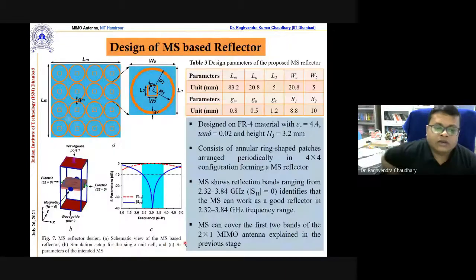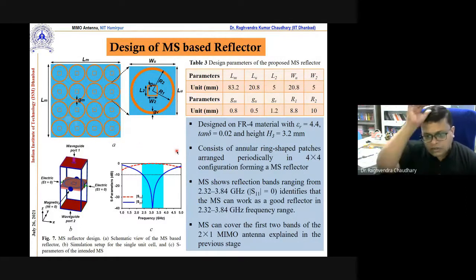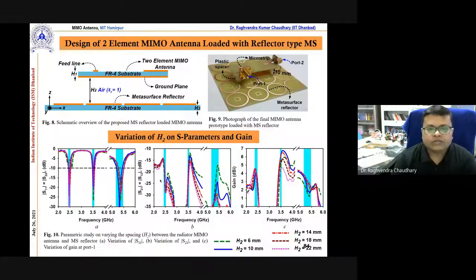this reflector. We use this ring with a small square inside, and here you can see the perimeter of this structure. This is a kind of stop band structure. The whole geometry is put like this: we have a two-element antenna and the metasurface reflector.